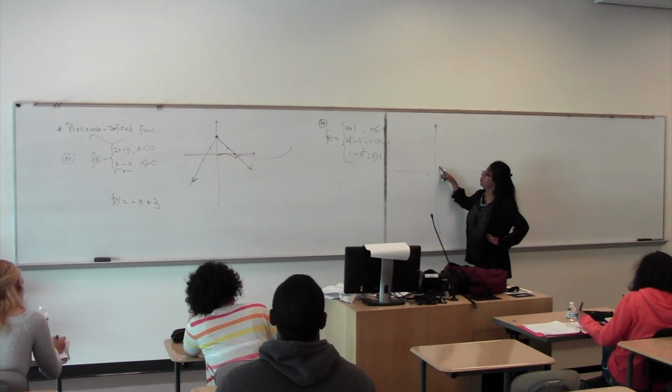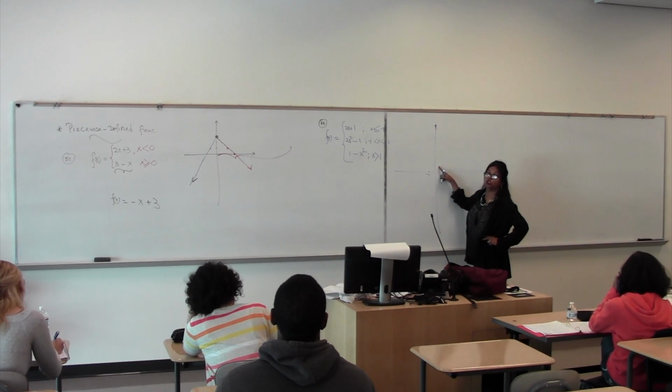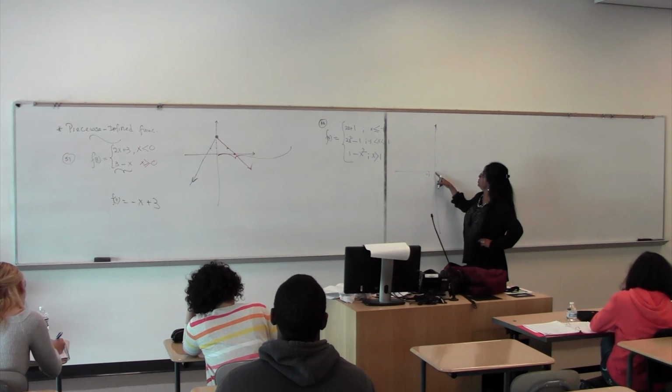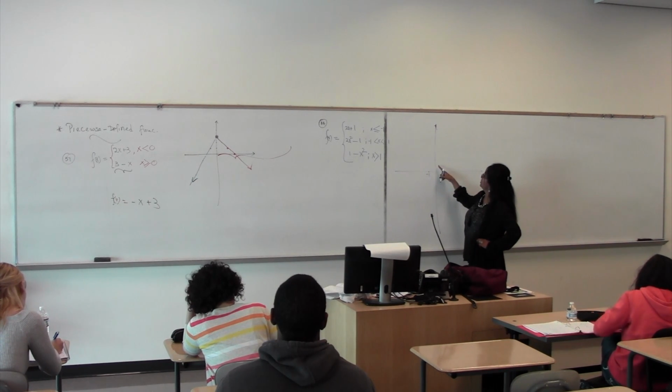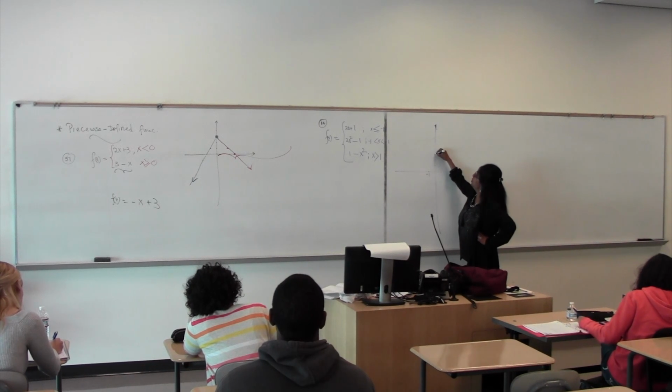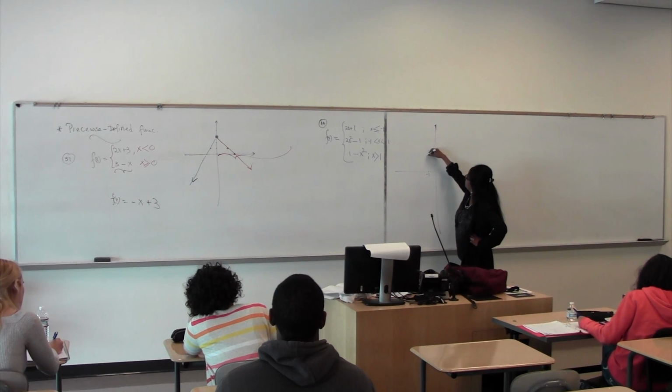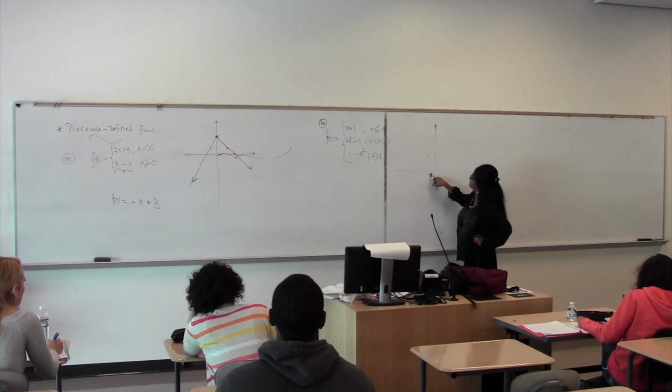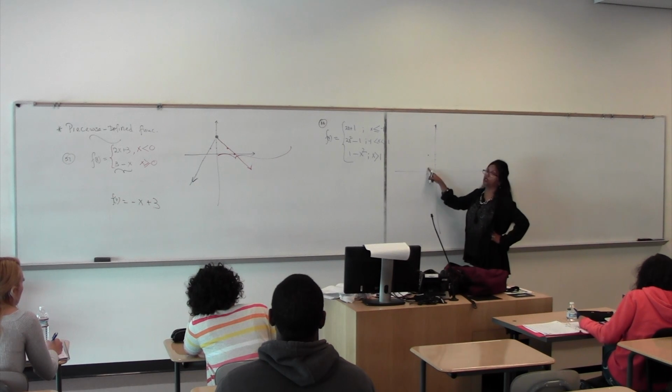What's the slope here? 2, that means go up 2 and over 1 to the right. When you go 1 to the right, it lines up with negative 1, right?